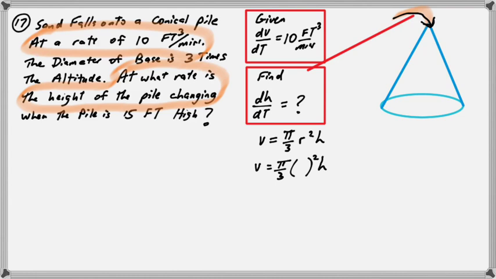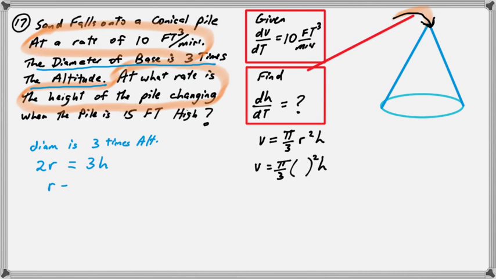So let's see what we have. Diameter is 3 times altitude. Diameter is 2 radiuses, which equals 3 times the altitude, which is also called the height.